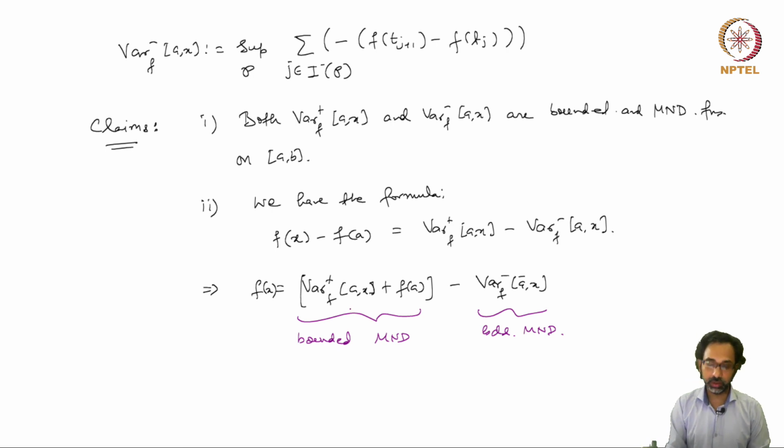So then we would have expressed our function which was of bounded variation as a difference of bounded monotonically non-decreasing functions. So we are only left to show these two claims, where the first is that both are bounded and monotonically non-decreasing on [a,b].